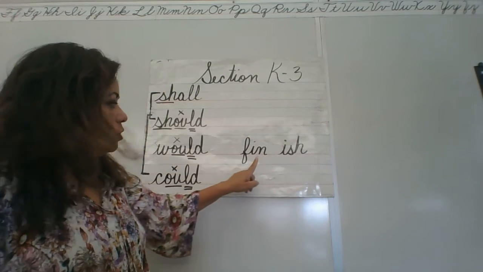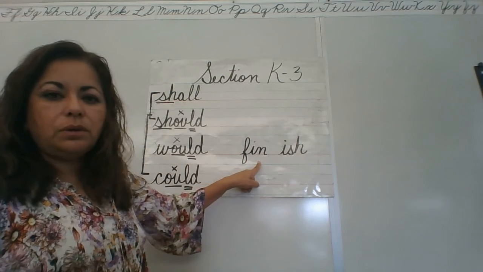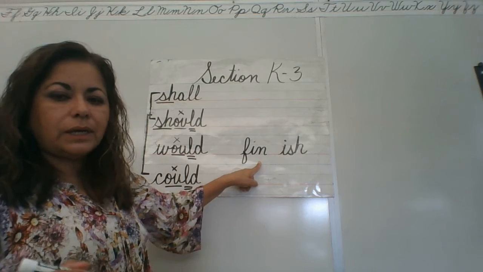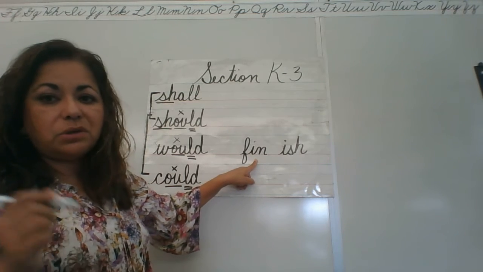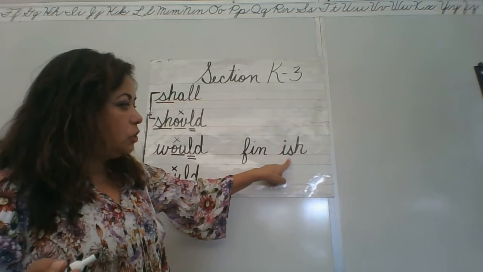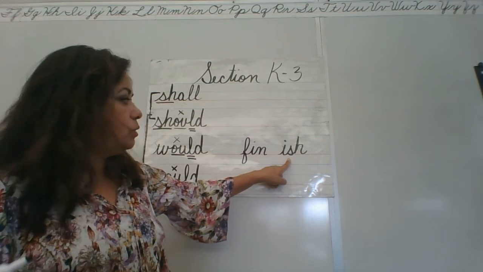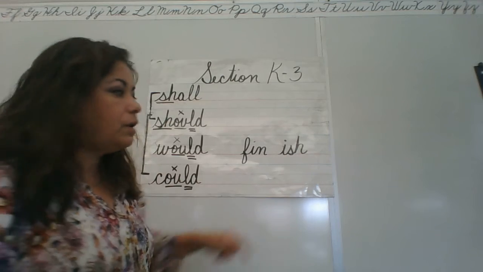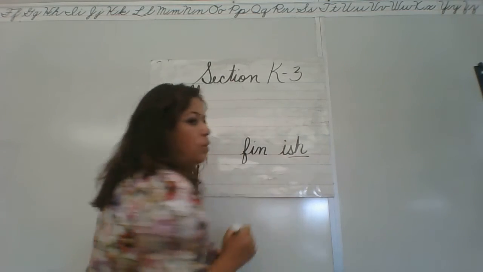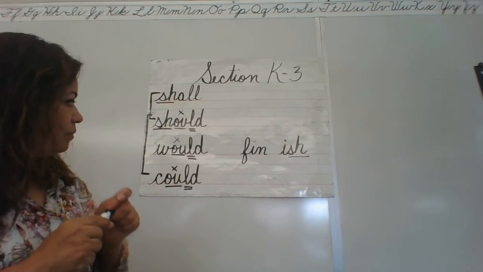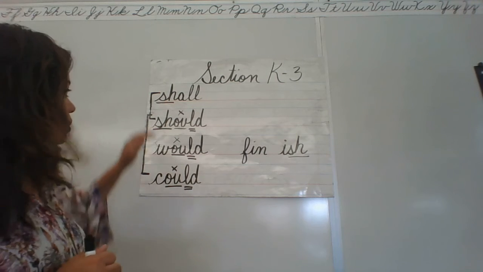Finish. Let's look at the first syllable. First syllable, no silent letters, no second sounds, no multi-letter phonograms. There's nothing to mark. Ish. No silent letters, no second sounds. I do see a multi-letter phonogram, so we underline it. And I know that you guys already did. Okay?